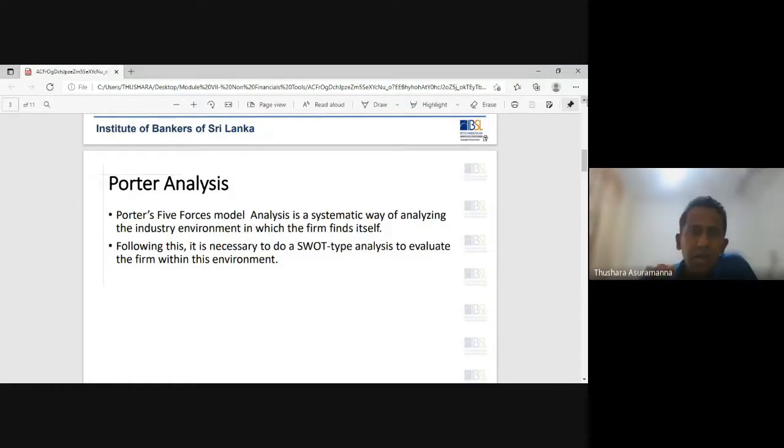There's no such fixed order, but you may start with Porter's, then go to SWOT and then PESTLE. That's the approach suggested here, but it is not necessary to follow that path. You can start with SWOT and, if you see that competition is a bit severe, then you can understand competition levels through Porter's model. That's how it works in the other approach.